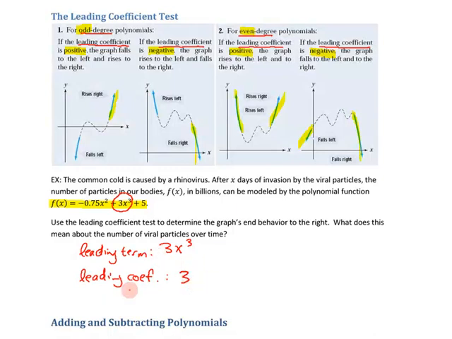So according to this leading coefficient test, we have a degree 3 polynomial with a leading coefficient of 3. So that would be odd degree with a positive leading coefficient, which means it rises to the right.